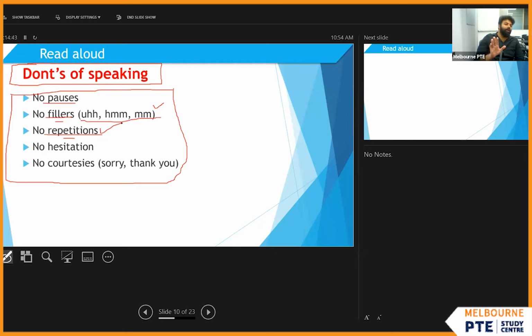I will talk about this a bit more in pronunciation. Your pronunciation scoring is based on a bit of an approximation algorithm. At times, even if you don't say the 100% correct thing, if you say the closest possible thing, it gives you the marks. But if you felt that you didn't say it and then repeat it again, then you're definitely making a mistake.